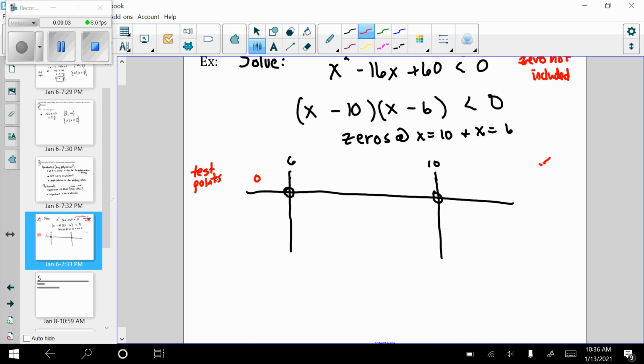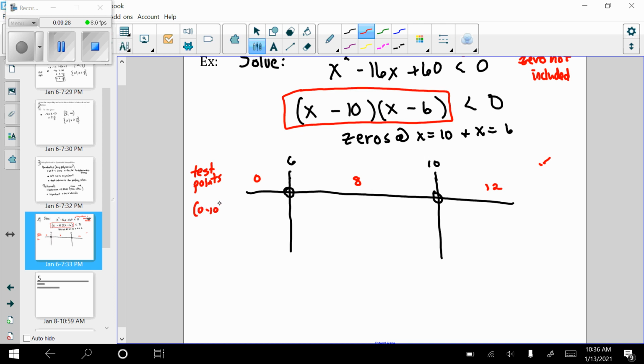A number between 6 and 10, let's pick 8. And then a number greater than 10, let's just go with 12. Okay, so now what I have to do, and eventually I'll just do it in my head because mental math is pretty easy, is take that factored form and plug 0 in for x.